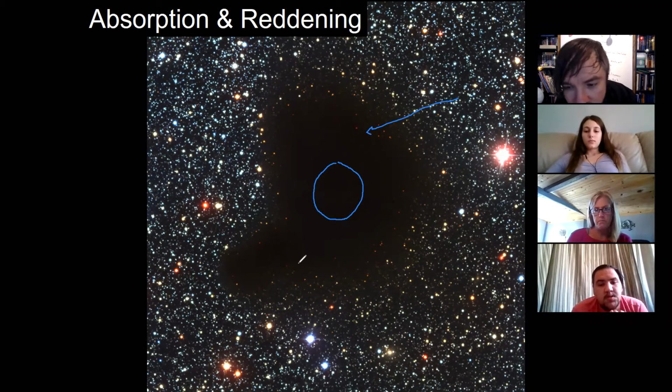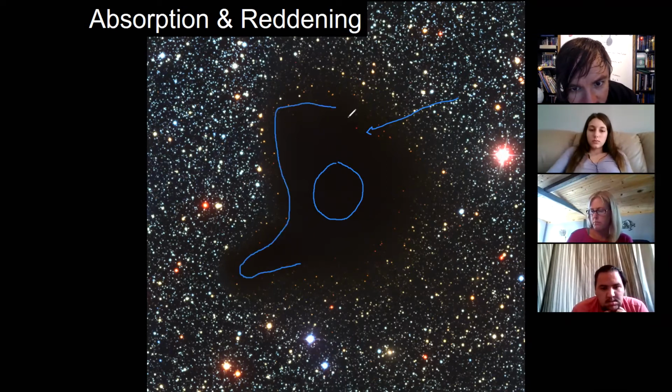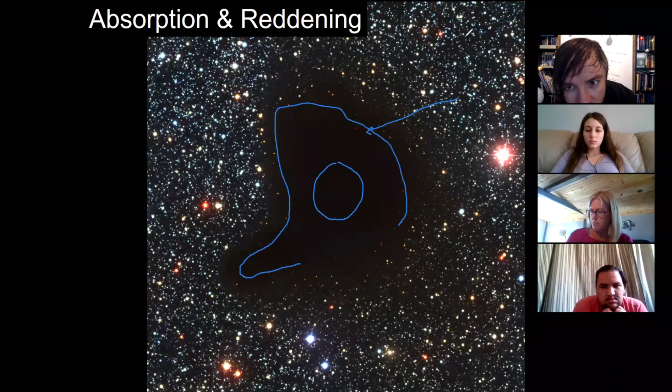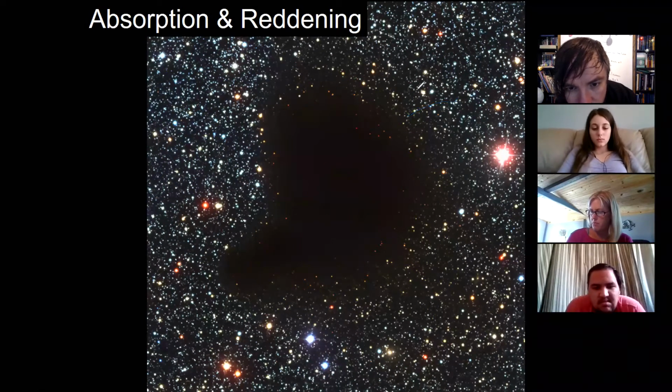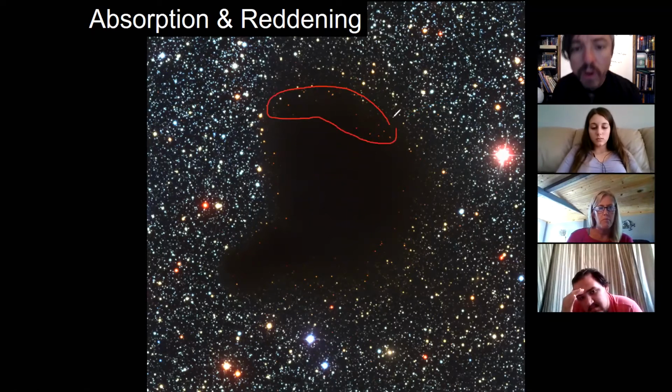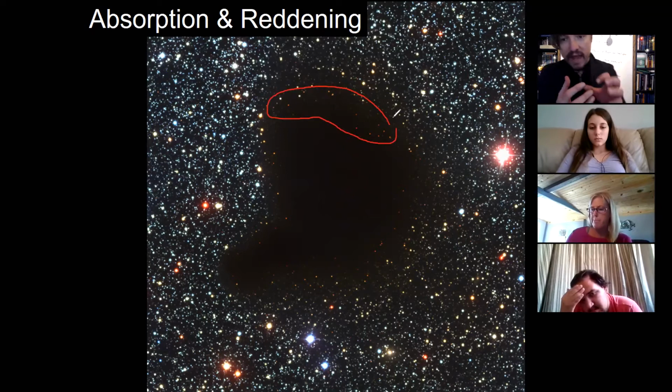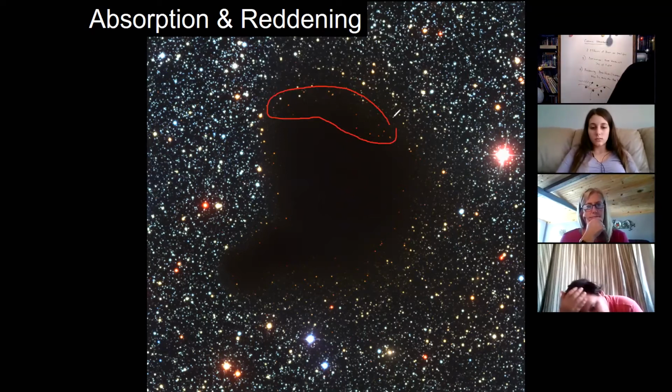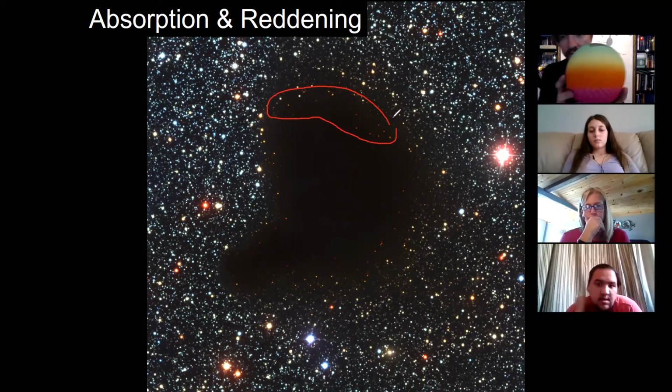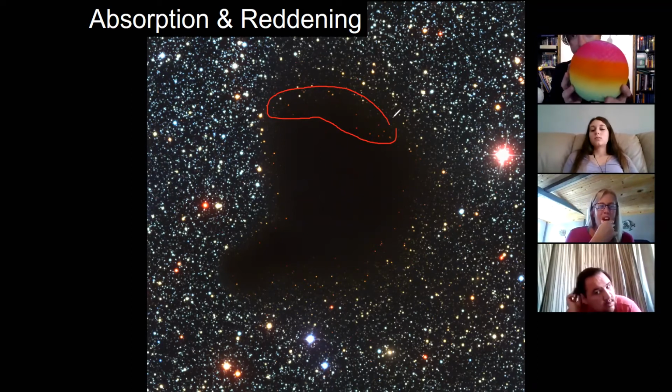Does anyone intuitively understand why the stars are red along the edge of the cloud? It has to do with the wavelength of the red, right? Well, it has to do with the thickness of the cloud. Let's say the cloud is a sphere, like rainbow ball here. If you cut through the center of the cloud, you're going to get the maximum amount of extinction because you're passing through a bigger column of gas.